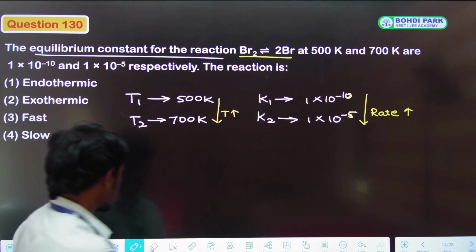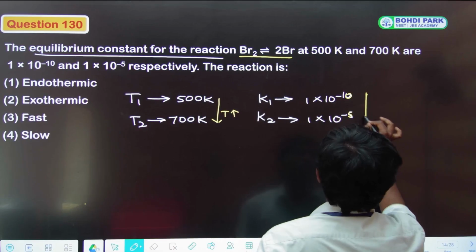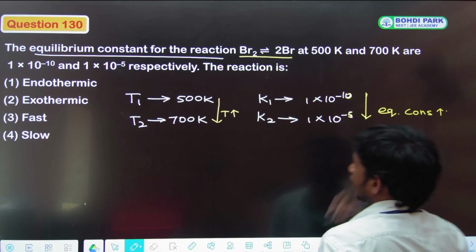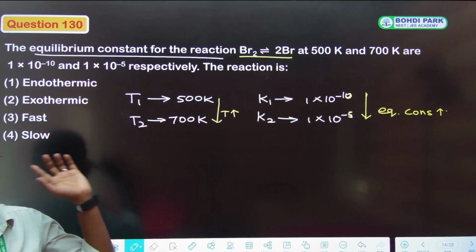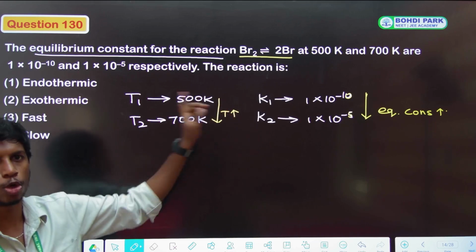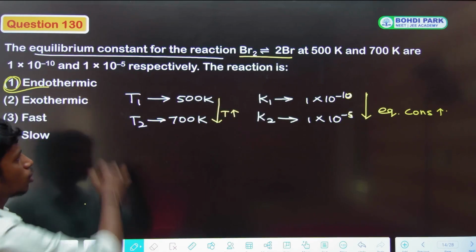It means the equilibrium constant, not rate, the equilibrium constant increases only for an endothermic reaction. We just saw that for the forward reaction to occur we need an endothermic reaction, and when temperature increases the endothermic reaction increases. So it is endothermic in nature, according to Le Chatelier's principle.